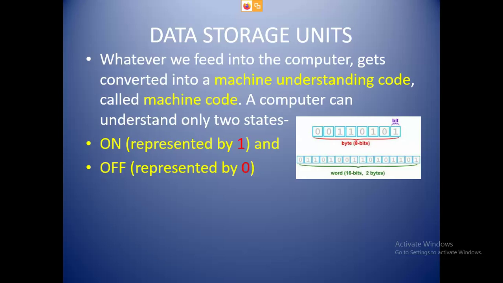As you see the switchboard in your home, if you switch on the fan, it is an on state, one state. If you switch off the fan, that is an off state. So the computer understands all the information in machine code, that is 0s and 1s.